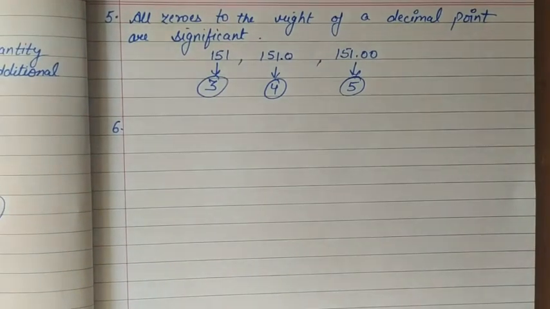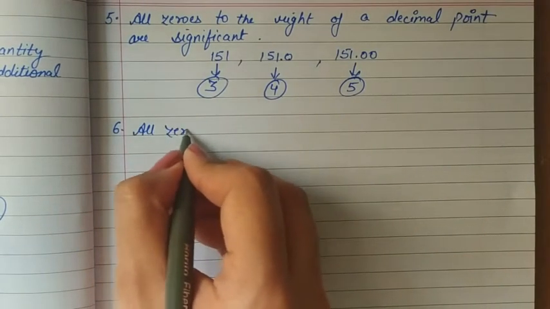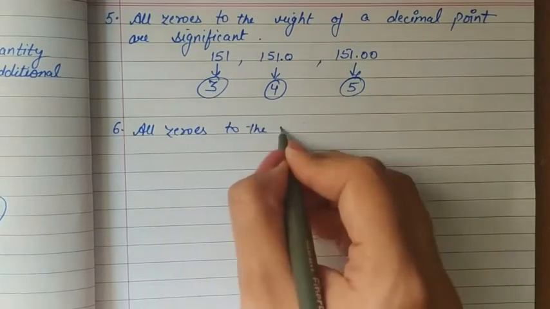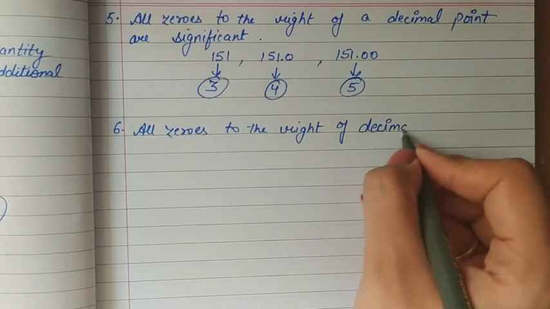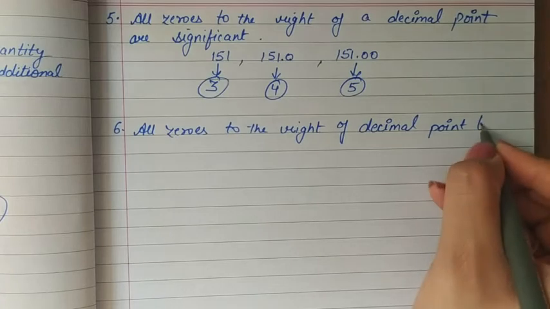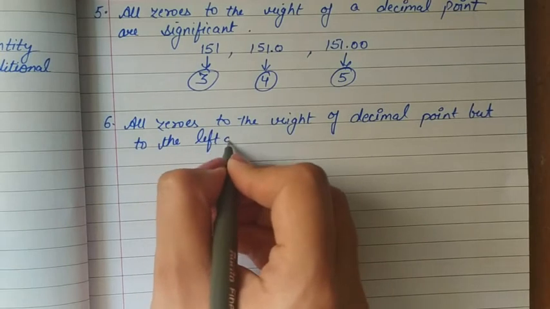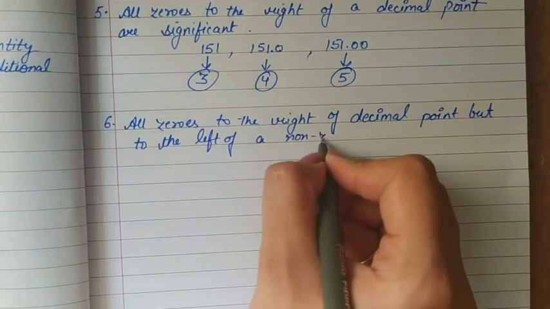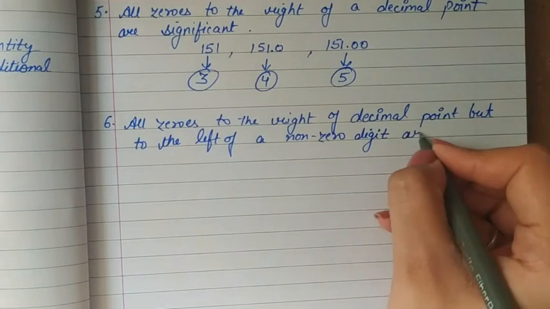Now according to the sixth rule, all zeros to the right of a decimal point but to the left of a non-zero digit are non-significant. What the sixth point states: all zeros to the right of the decimal point, meaning coming after the decimal, but to the left of a non-zero digit, are not significant.